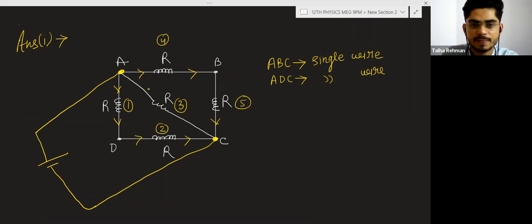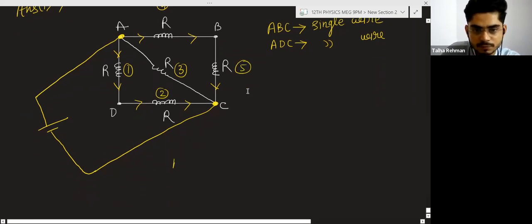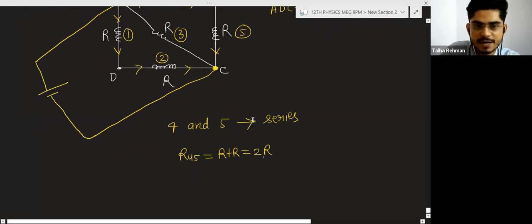So you will say resistances 4 and 5 are connected in series. You can calculate the resultant of resistances 4 and 5: R plus R, this will become 2R, and accordingly resistances 1 and 2 are connected in series.